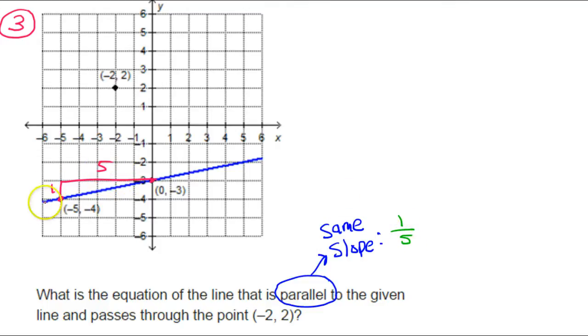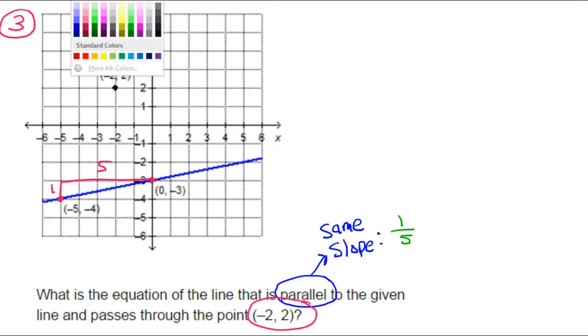By the way, because it's going uphill from left to right, you know it's going to be positive. Either way, by giving us the word parallel, they are indirectly giving us the slope. So now we have a slope and a point. So if I want an equation, I can use something called point-slope form. And point-slope form of an equation looks like this.